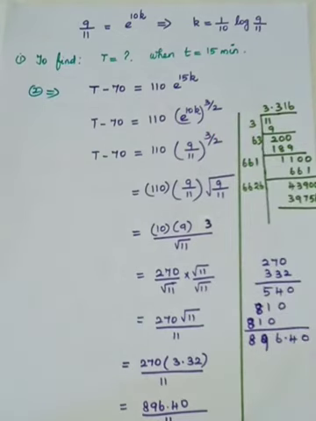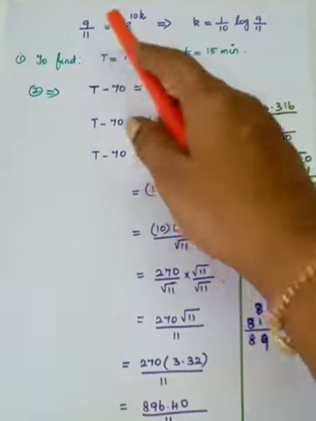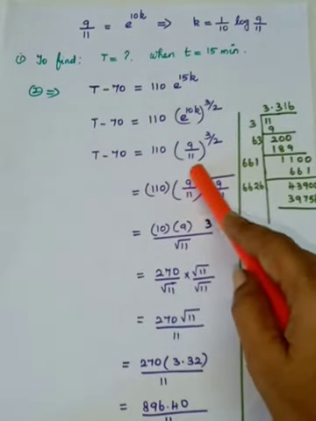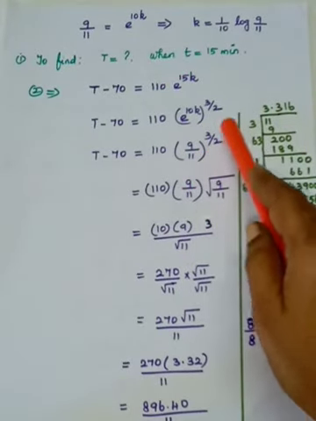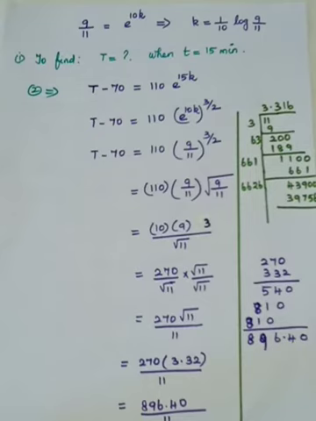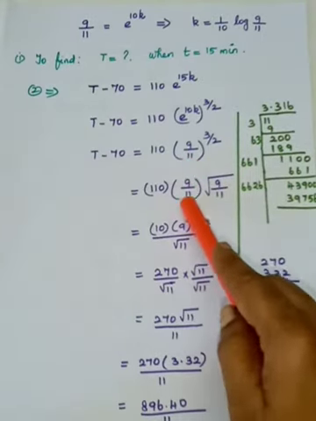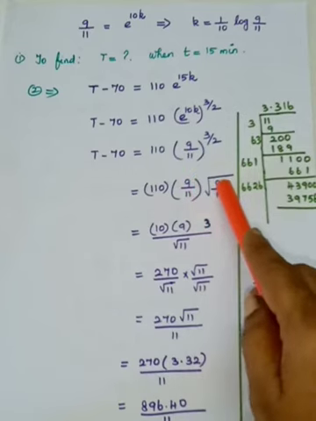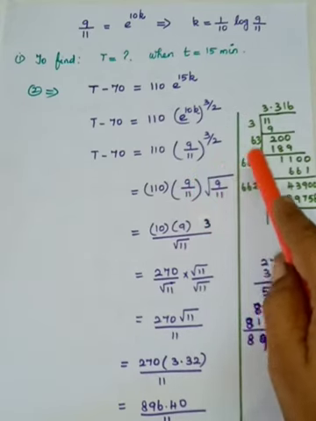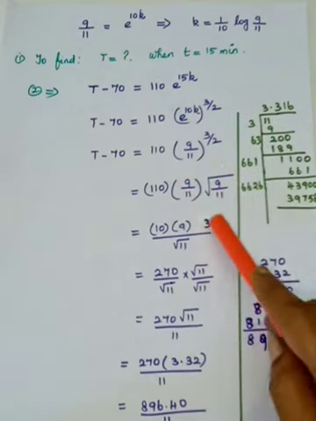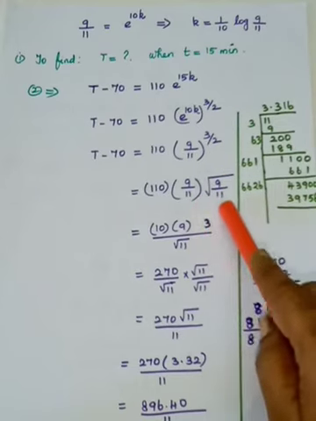So e power 15k can be written as e power 10k to the power 3 by 2. So e power 10k value we know, that is 9 by 11 to the power 3 by 2. 3 by 2 means what? It is 1.5. So the power 1, 9 by 11 to the power 1 and 9 by 11 to the power half. So to the power half means it's a square root of 9 by 11.